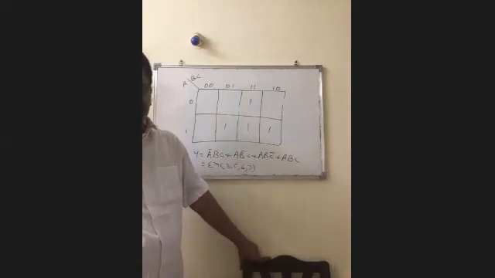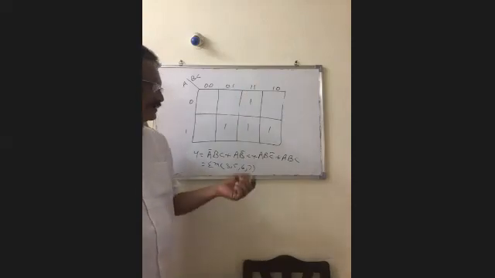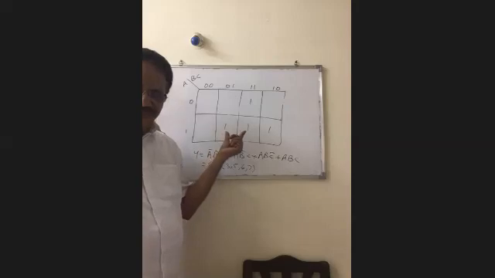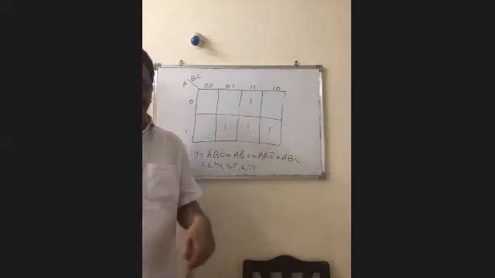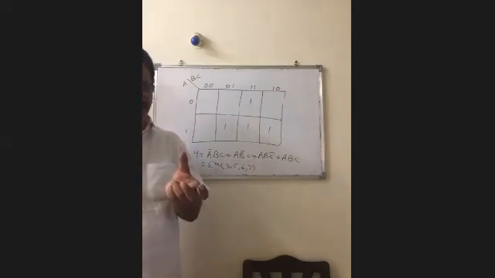So the first step in the minimization of the K-map technique is, first you have to enter the min terms into the corresponding cells of the K-map. Next, if there are any two adjacent ones, form a pair.